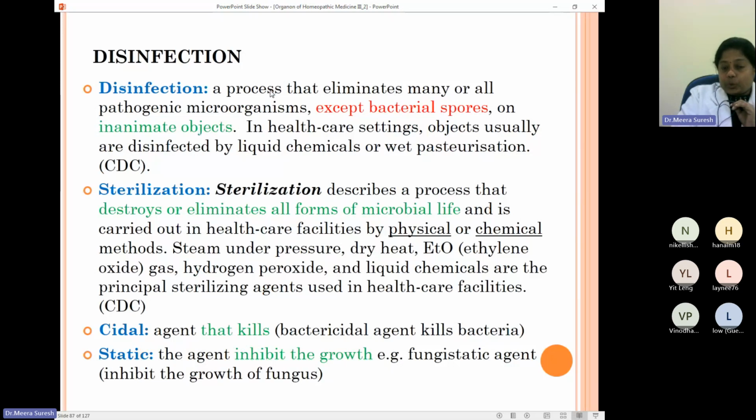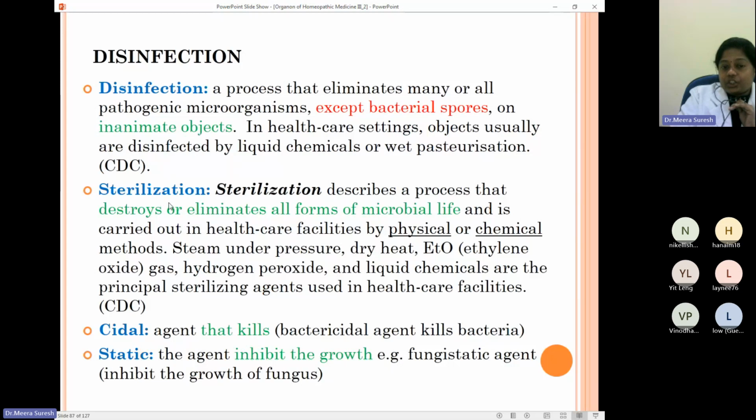Disinfection is a process that eliminates many or all pathogenic microorganisms except the bacterial spores, and it is also used on inanimate objects. In healthcare settings, objects usually are disinfected by liquid chemicals or by pasteurization or wet pasteurization.